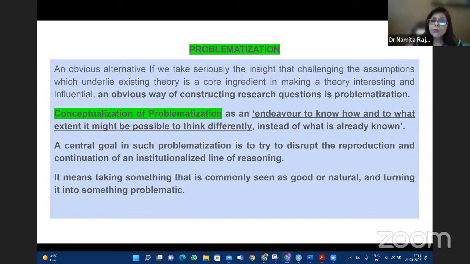So when you talk about problematization, the central goal is to try to disrupt the reproduction and continuation of an institutionalized line of reasoning. That means for years you have been talking about the same theory, the same reasoning. It is time for you to break and move on with a new theory.